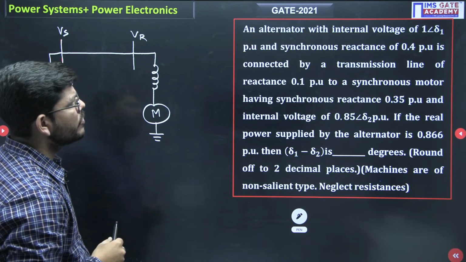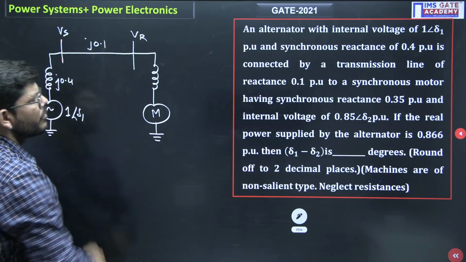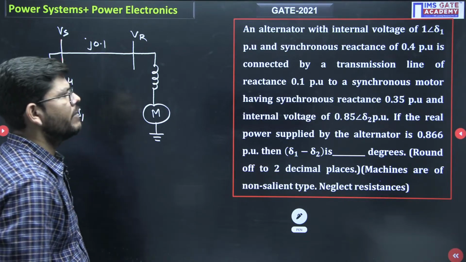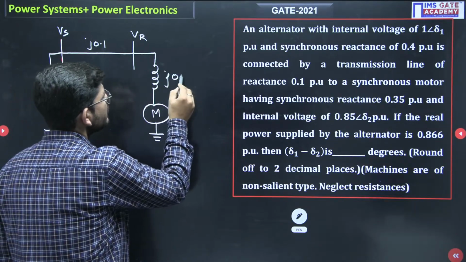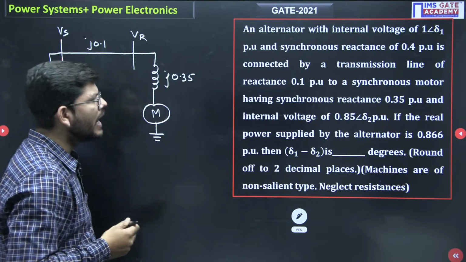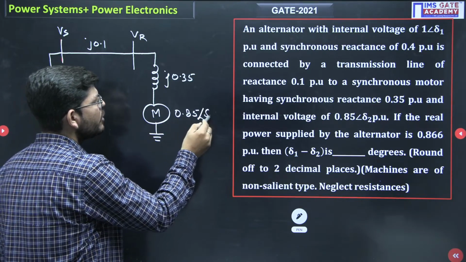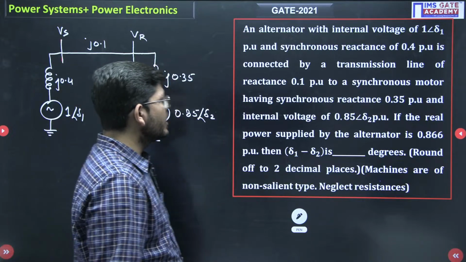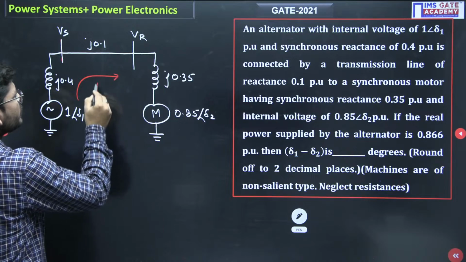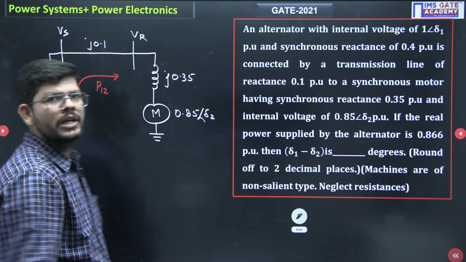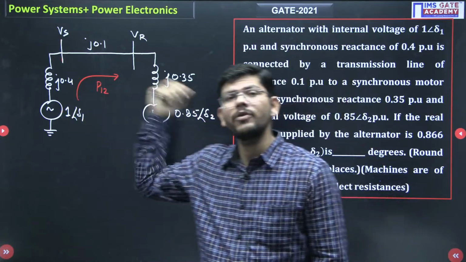And then what is given to us? The transmission line is having a reactance of j0.1 per unit. The synchronous motor is having a reactance of 0.35 per unit, and it is operating at a voltage of 0.85 angle del 2. Now what has been given is how much active power this motor is demanding from this alternator.